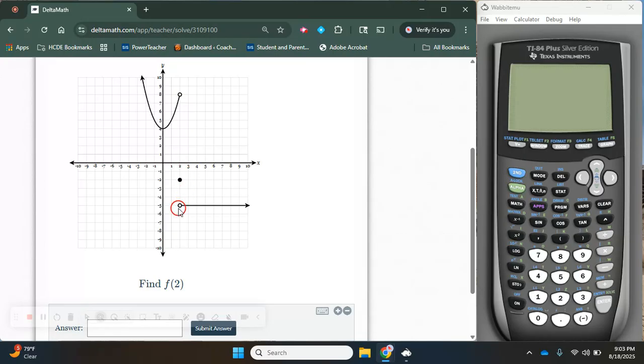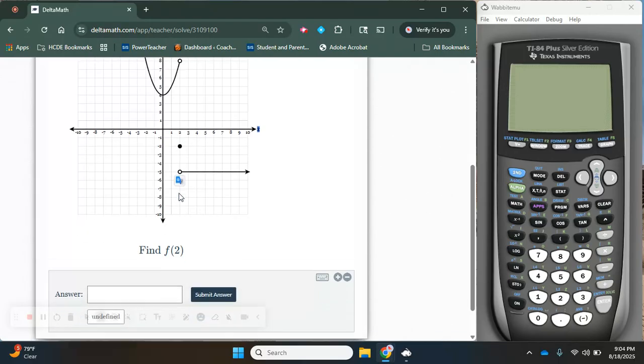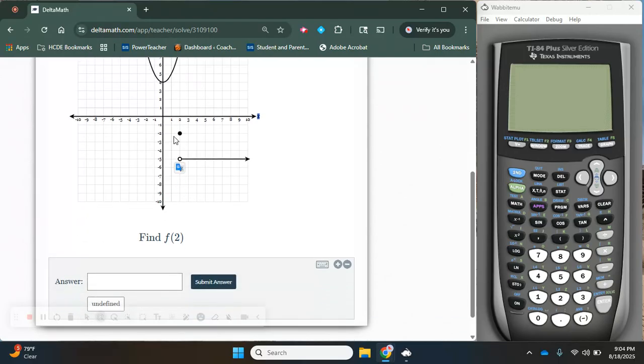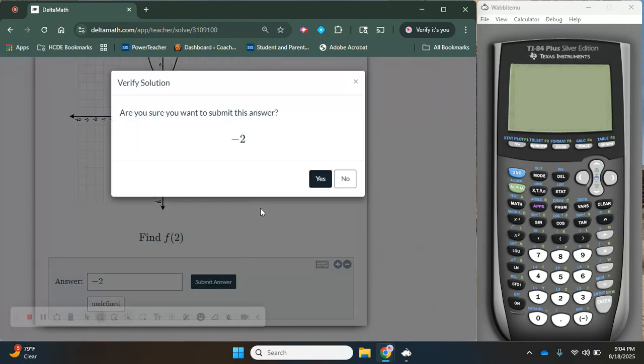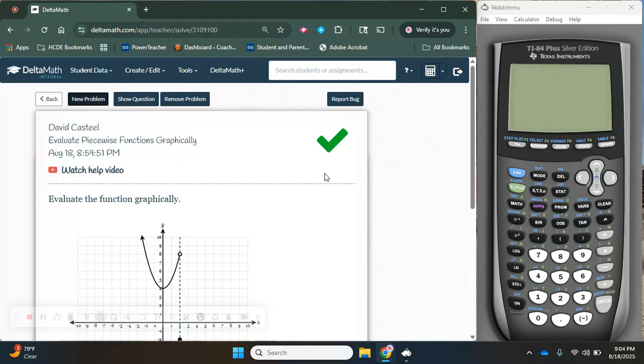And here's another open circle, which means not included with the data set. And a closed circle means that it is. So this is our solution. When f of 2 is what we're looking for, the outcome is the y value, which would be -2. So this is how we evaluate a piecewise function based on its graph.